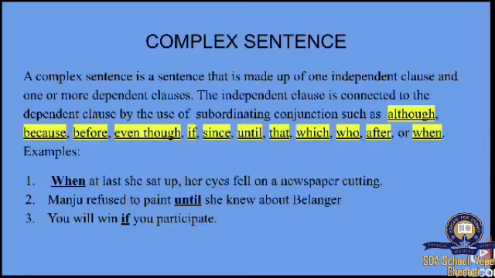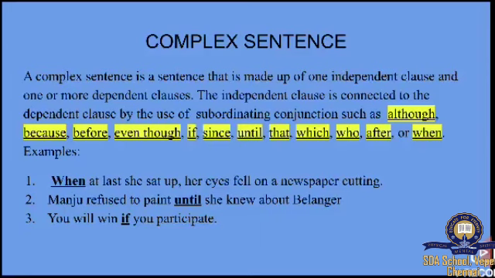Here we don't know when she will win, but while we link them, it is said you will win if you participate, and this makes a complete sentence.